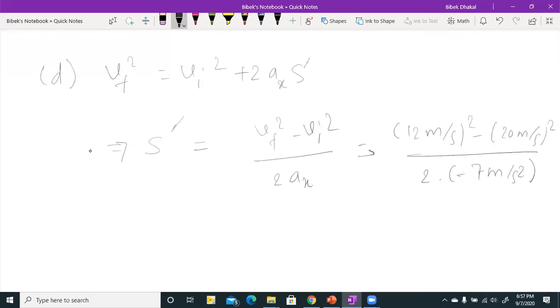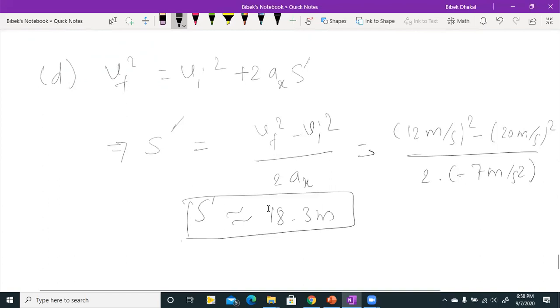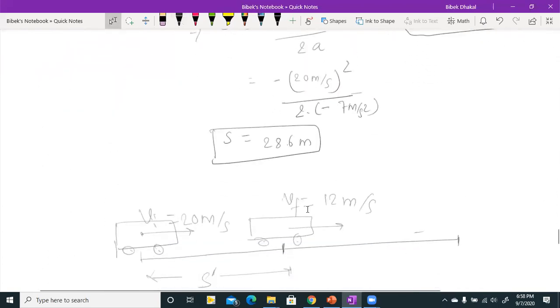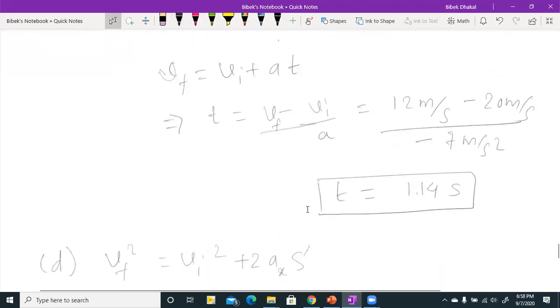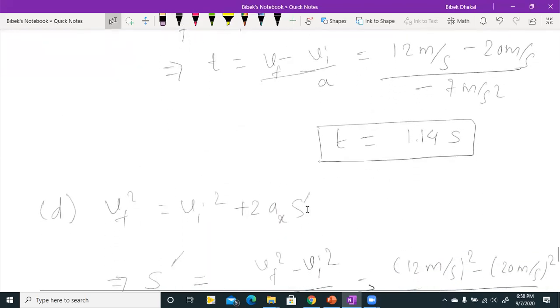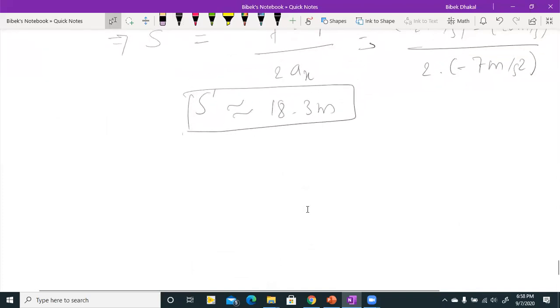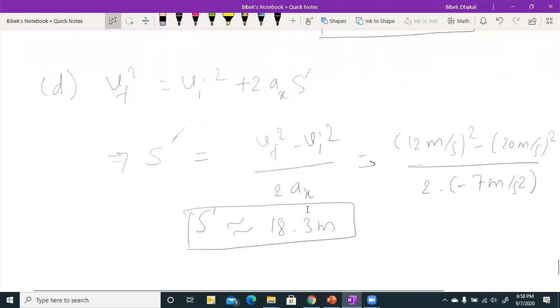If you do the calculation, you'll get this distance to be around 18.3 meters, and that's fine. It's less than the braking distance. The braking distance was 28.6 meters, and we got now 18.3. Do you have any question? We are going to number 6 otherwise.